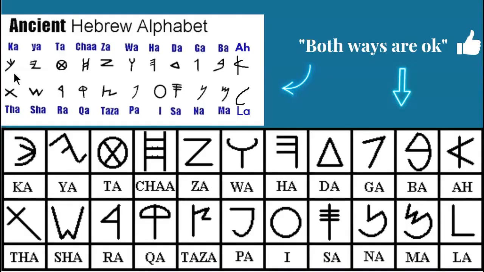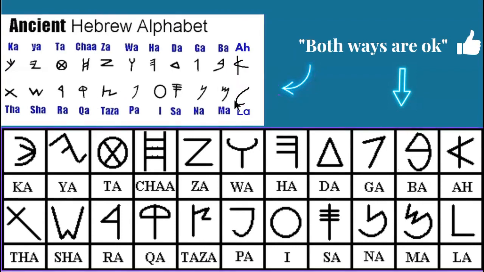There's not really anything that stands out between both charts, except like I said, the Ka, then the Tha, the Taza a little bit, and that really was it.